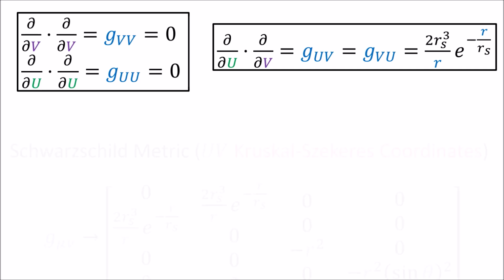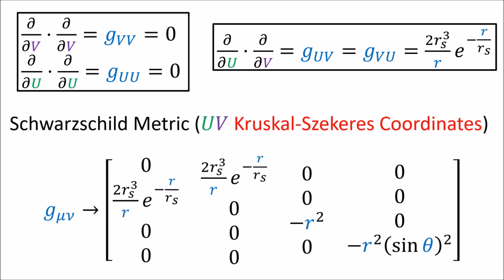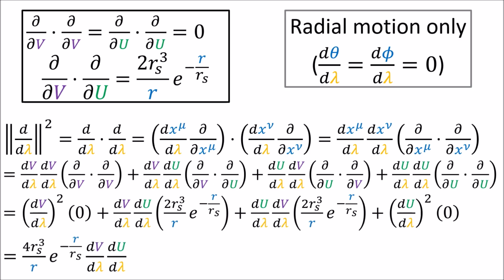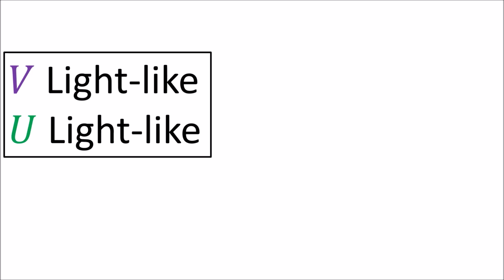So the metric with these big V and big U coordinates looks like this, where both the big U and big V directions are light-like and non-orthogonal. And the squared length of a tangent vector looks like this. Now, both big V and big U are light-like directions, and it's a bit hard to interpret what our spacetime diagram looks like using these coordinates.